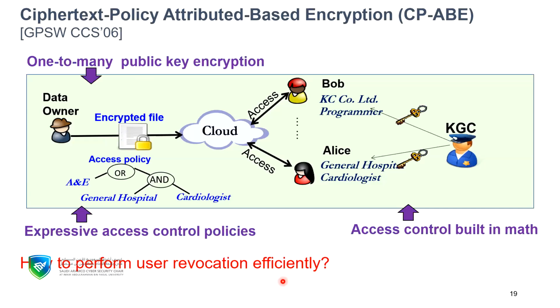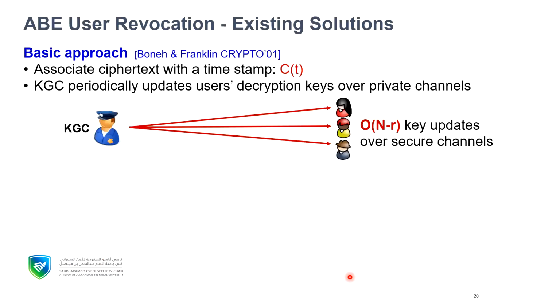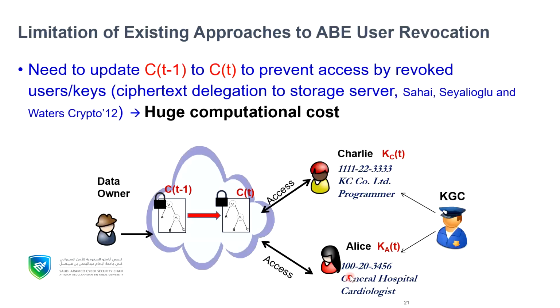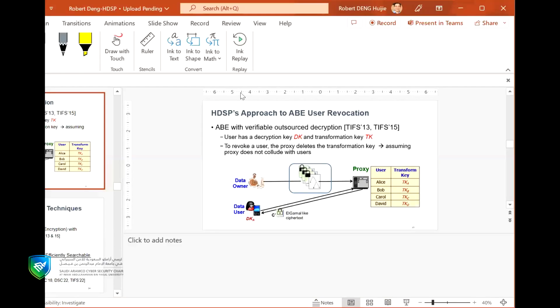Because of this, there is lots of research being performed on ABE user revocation. I think I have to be very fast. I think I can skip the user revocation part, and I will show you how it works, and then we can have the Q&A session.